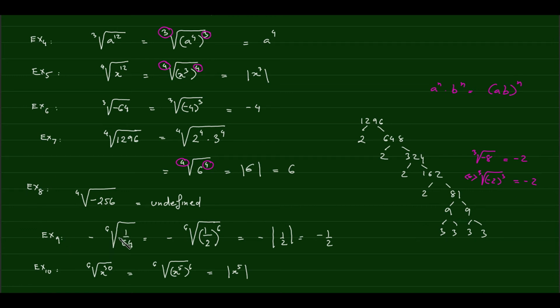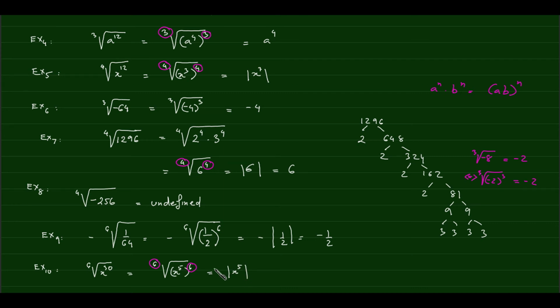Now for this one, what if the inside of the radical is a fraction? I can write 1/64 as 2 to the 2, so 1/2 raised to the second. Of course, it gives you the absolute value. Absolute value of a half is still a half, and we just give the negative. Okay, and the same thing over here. I can write this as a root. So over here the index and the exponent are the same. So we just give you the absolute value of x to the 5th power.